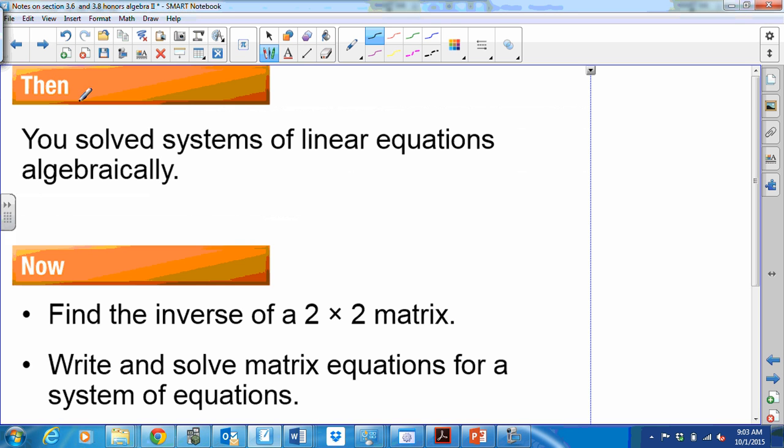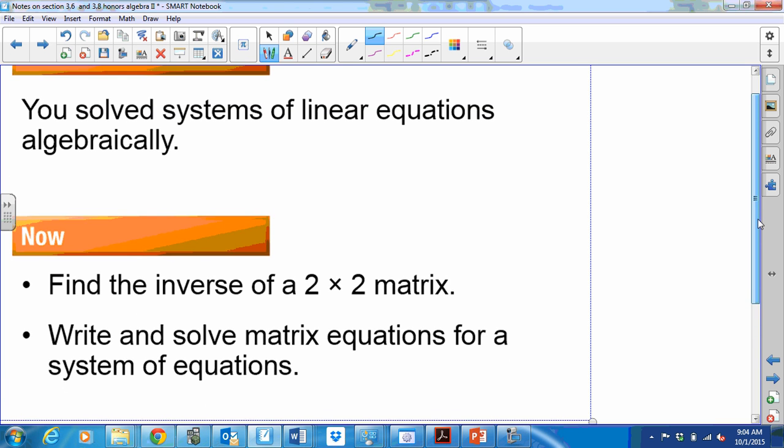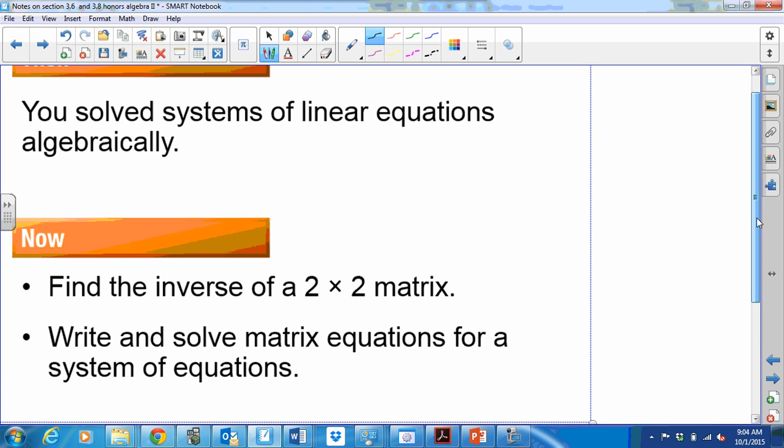All right, moving on, we're actually coupling section 3.8 with this because it ties in, and the homework's super easy on matrix multiplication when you're using your calculator. So what we're going to do now is we have solved systems of linear equations algebraically, and now we're going to look at the inverse of matrices and actually solve matrix equations. Now, when you solved the equation that had 3 variables and 3 unknowns, that took a lot of work.